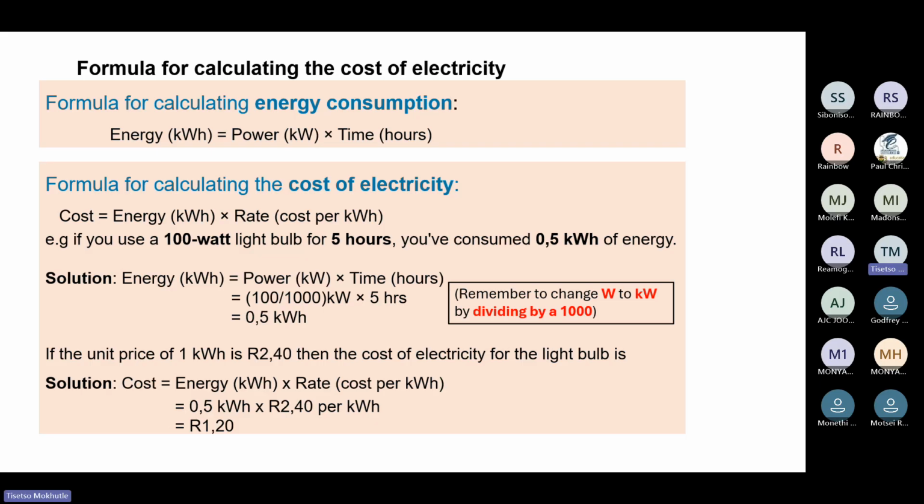We go like cost is equal to the energy of the light bulb, which we have already calculated, multiplied by the price of 1 kilowatt hour. And then the answer, it means it will cost us R1.20 to shine it for 5 hours. If we shine it for 5 hours for 30 days, what will happen? It will be R1.20 multiplied by 30 days.